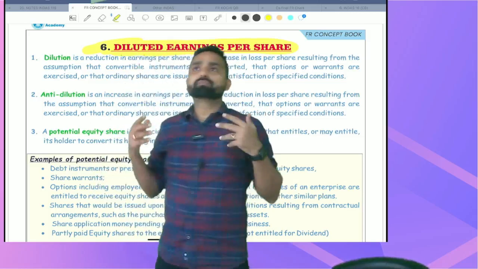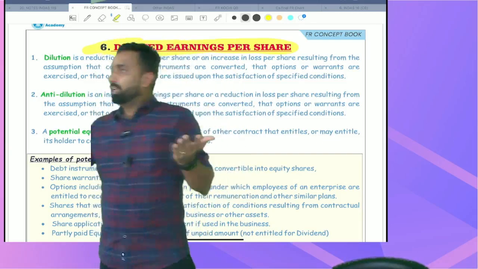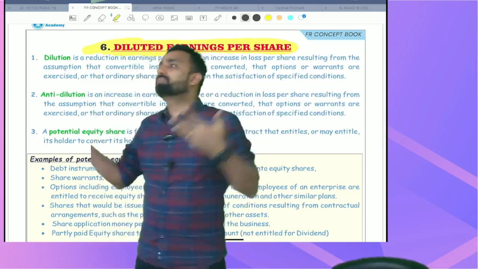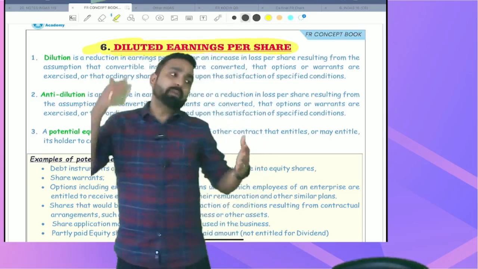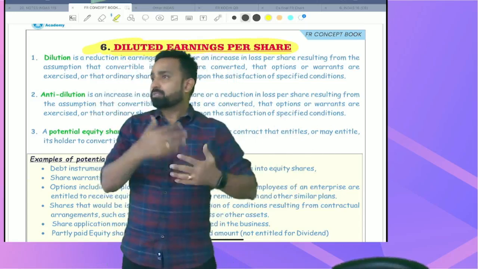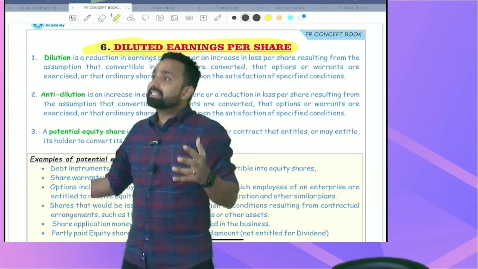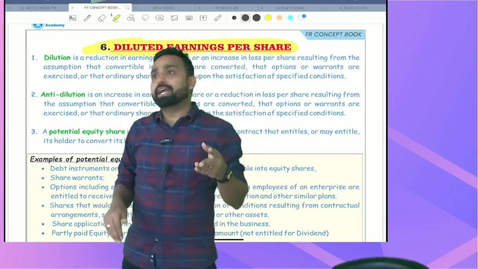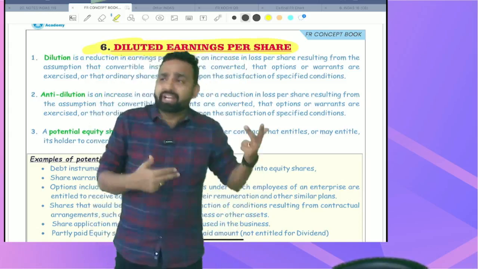Basically, see, there's a direct relationship between the issue of shares and the increase of earning. Whenever the company issues a share, it raises funds. Whenever it raises funds, it applies the funds in the business, and the business will earn profit. So technically, issuing shares and raising funds from the market has a direct relationship with the increase in earning.